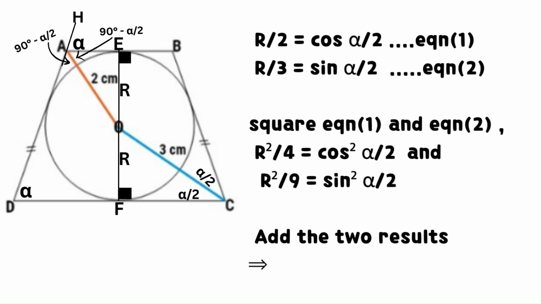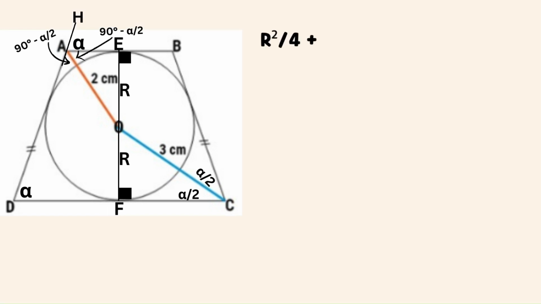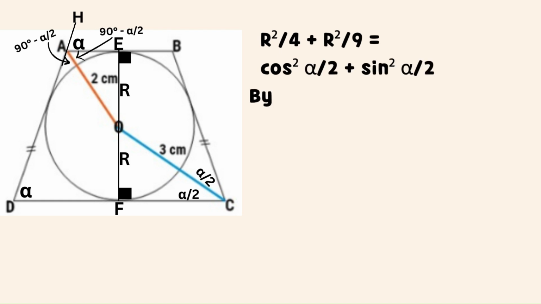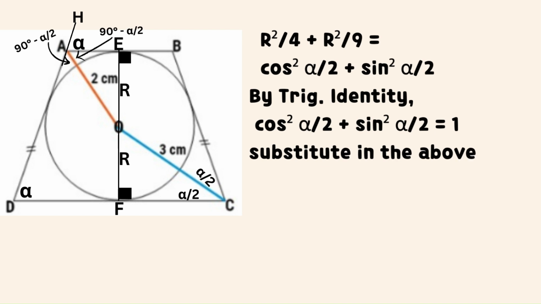Add the two results. It implies that the sum of the square of r divided by 4 and the square of r divided by 9 equals the sum of the square of cosine half of alpha and the square of sine of half of alpha.